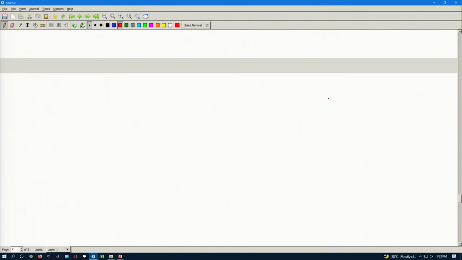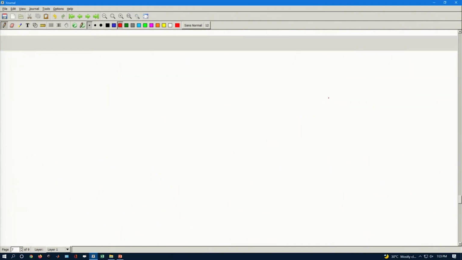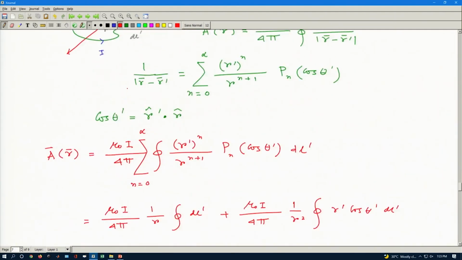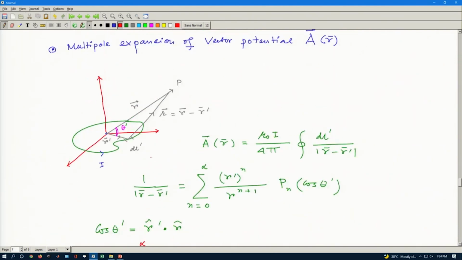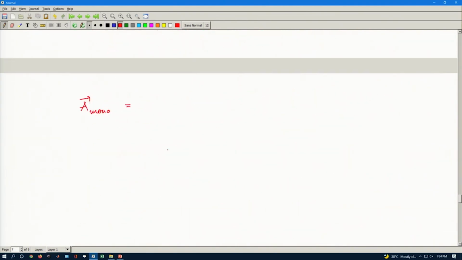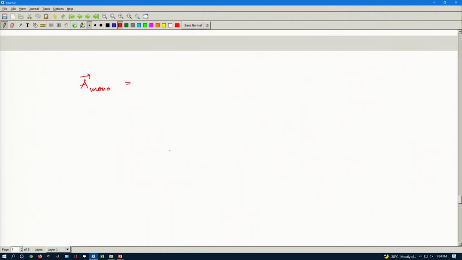Now, let us find one by one what is the meaning of monopole. So, a monopole, this is the monopole contribution of the potential that is contributed due to the monopole here, but we know that for magnetic field there is no magnetic monopole.